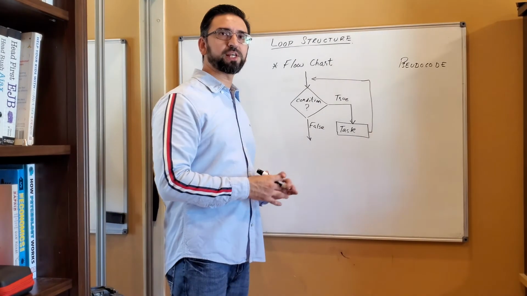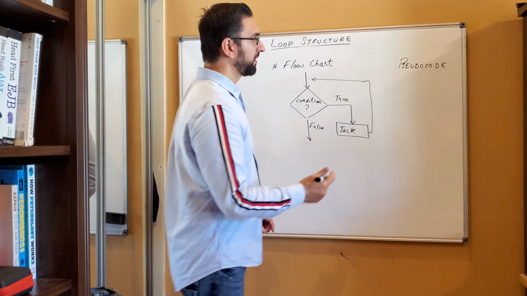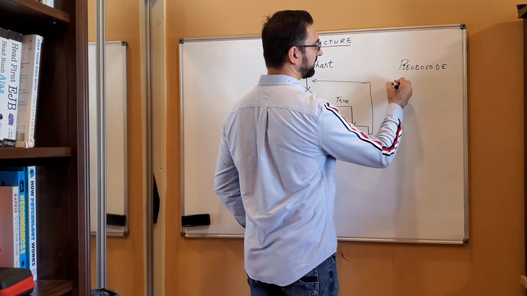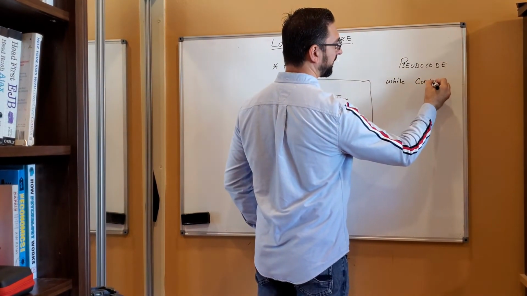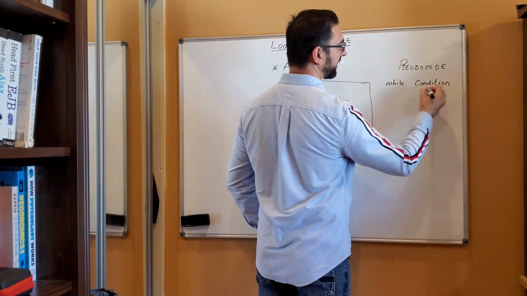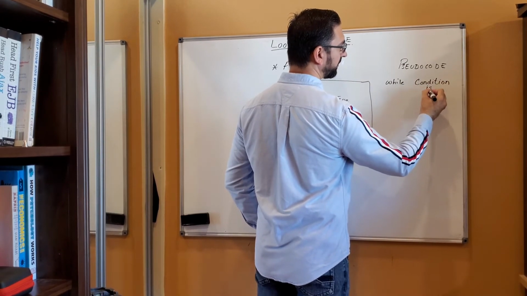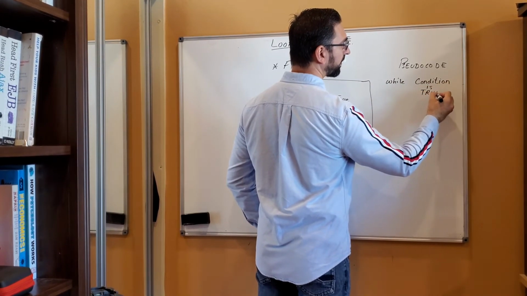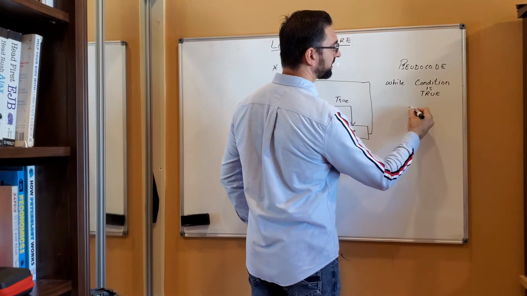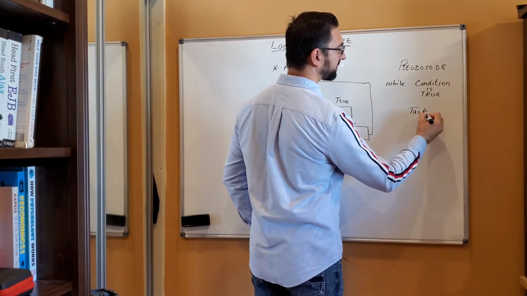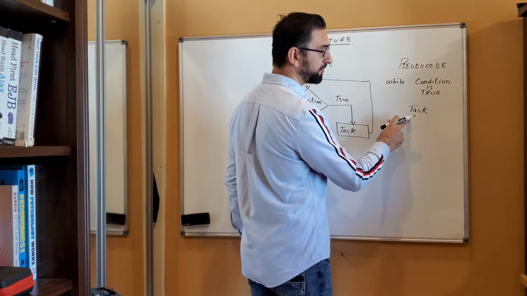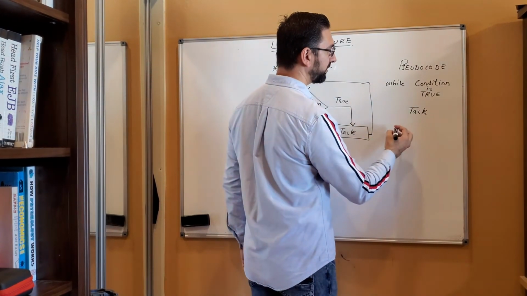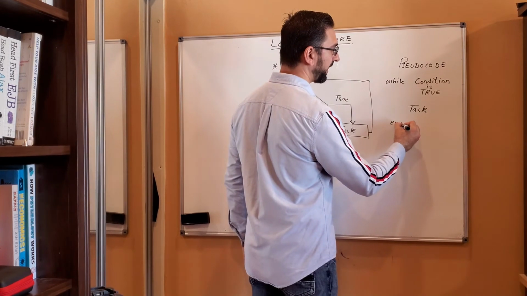In order to represent a loop in pseudocode form, we can say that while some condition evaluates to true, we repeat certain tasks. Whatever task you want to repeat, it could be a single task or multiple tasks inside the while loop, and then we end the while loop.